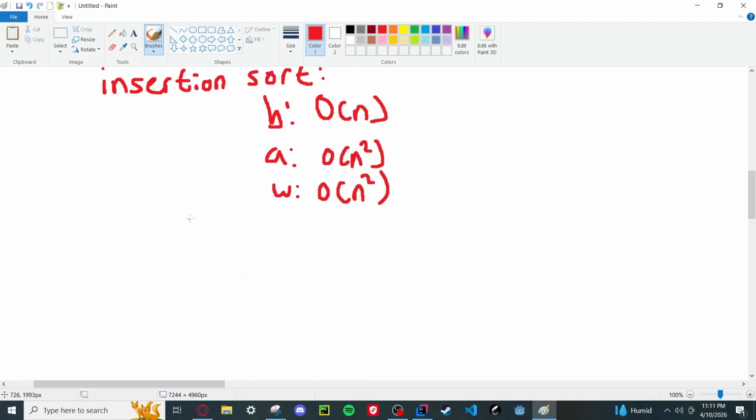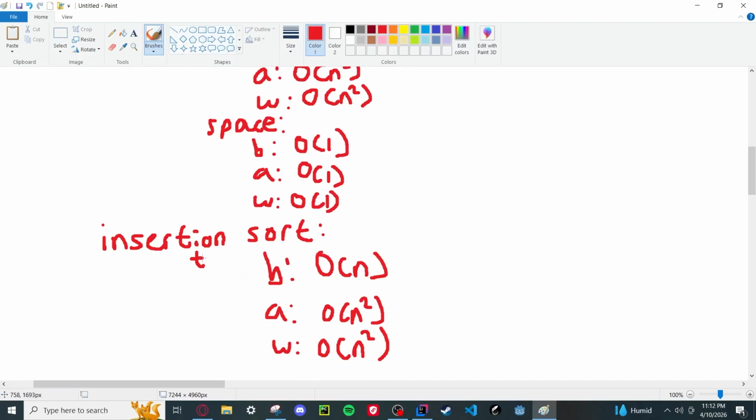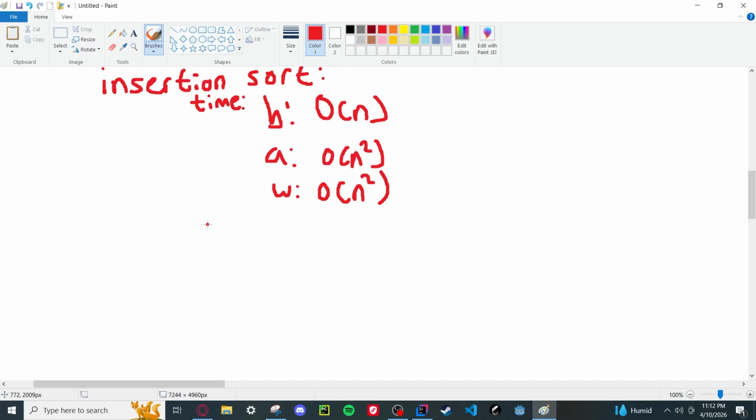I call them the space O1 sorting algorithms, because they all share that space complexity. So it's going to have a space of O1 for its best, O1 for its average, and O1 for its worst.